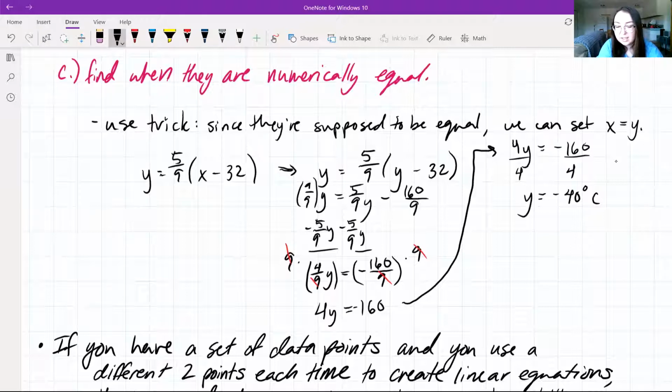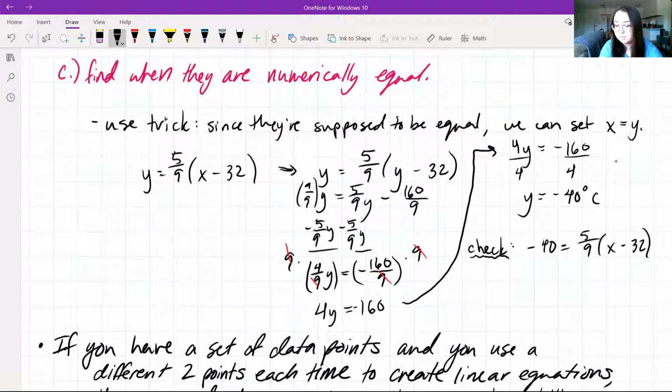So we have our original equation, and here we're checking. Our y, we're now using negative 40 instead, and we have 5/9 x minus 32. Because we really want to get rid of that 5/9, we don't want to be dealing with fractions at this point, we're going to multiply each side by 9 in order to get rid of that fraction.